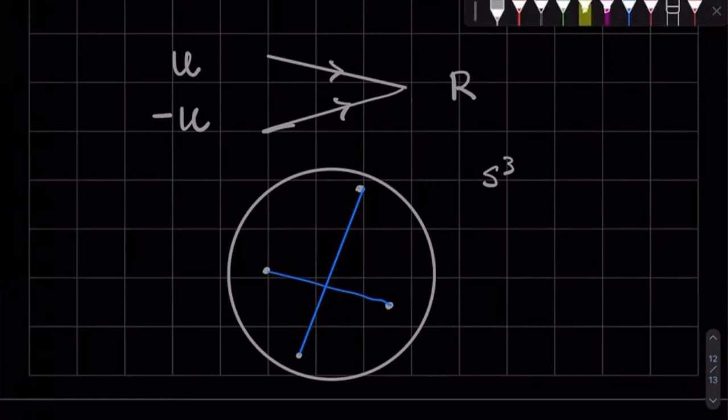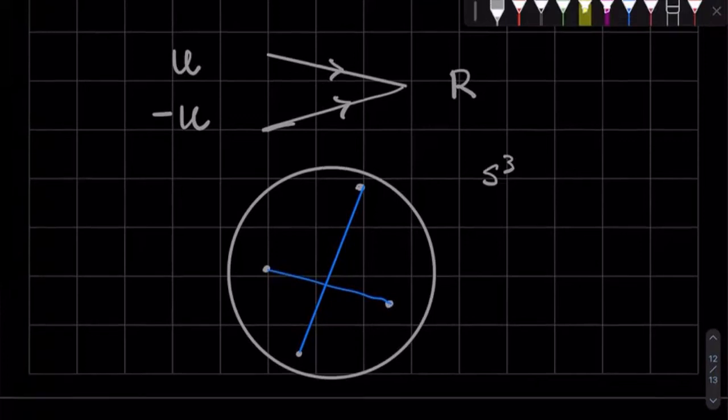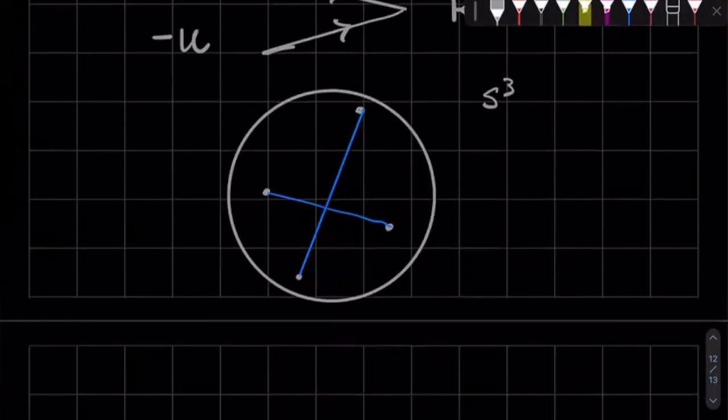So this is identification. But now if I want to draw this, the northern hemisphere, by the way, for a three sphere, the equator itself is a 2-sphere.